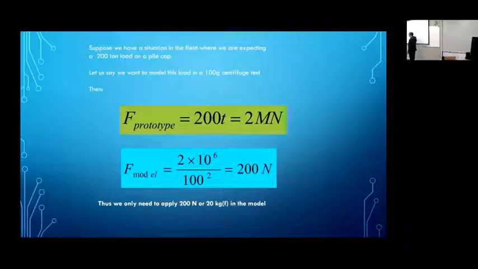I only need 200 newtons of force to apply. 200 newtons of force I can live with. 2 meganewtons is a big, expensive thing to move, if you want to do the field test, it will cost you upwards of a couple of £100,000. And if I want to build an actuator that can apply a 200 newton force, that's going to be fairly small and easily manageable. It's, after all, 200 newtons is about 20 kilograms of force.